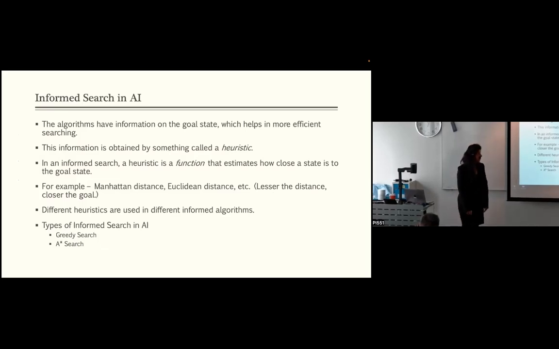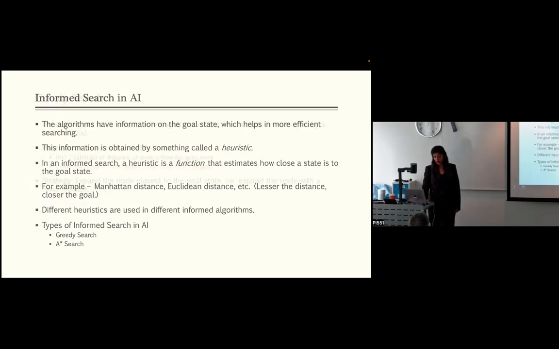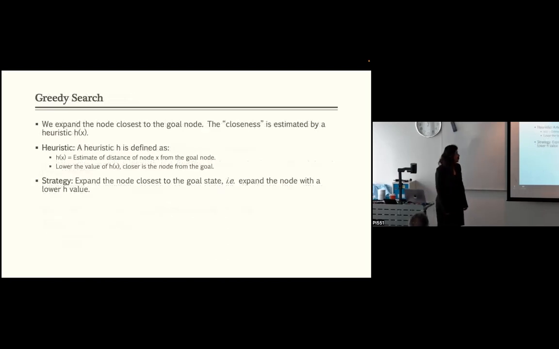So basically, we have two different types of informed search algorithms in artificial intelligence. It's greedy search and A star search. So first, we come up with greedy search. We expand the node closest to the goal node.